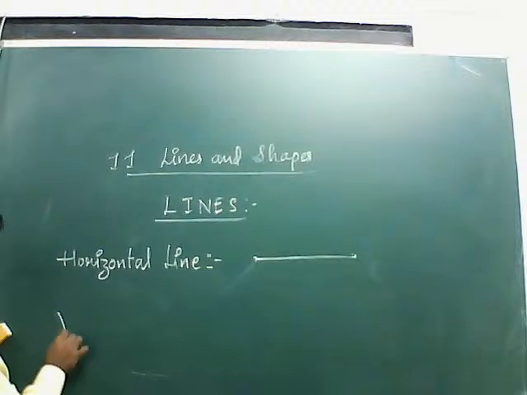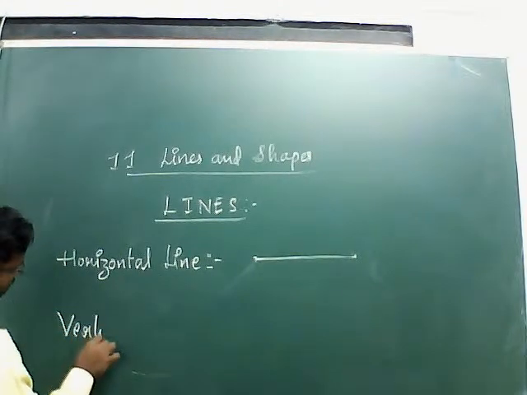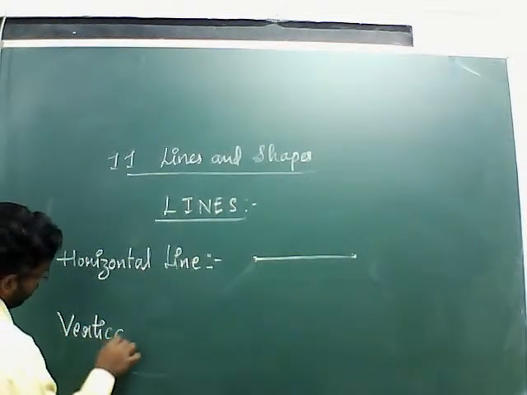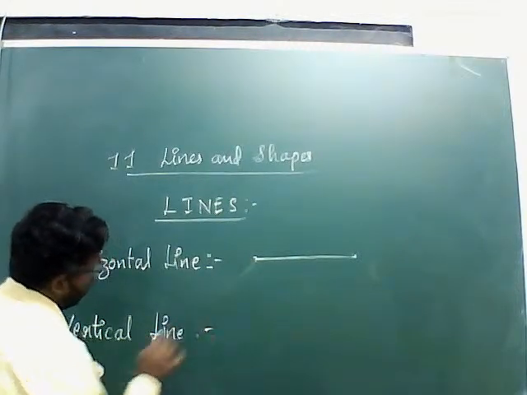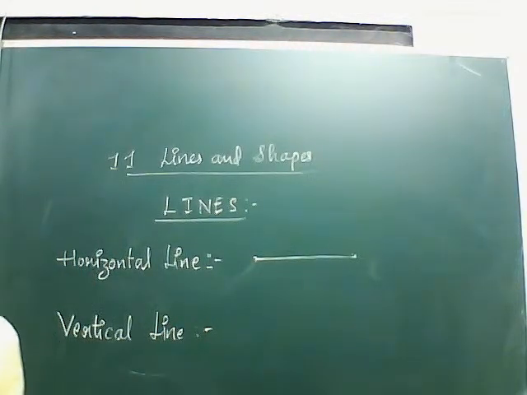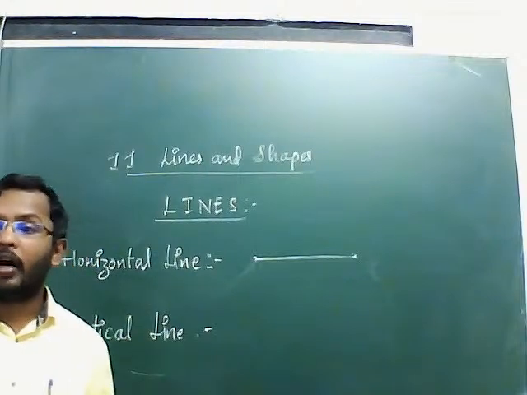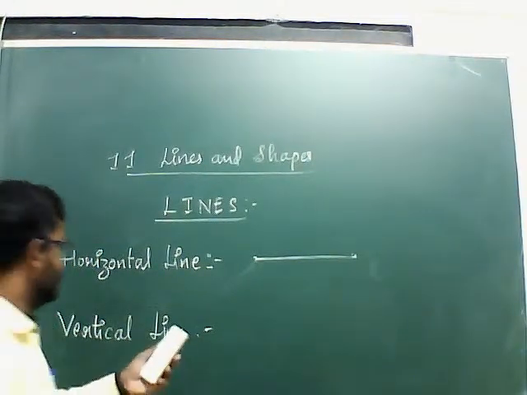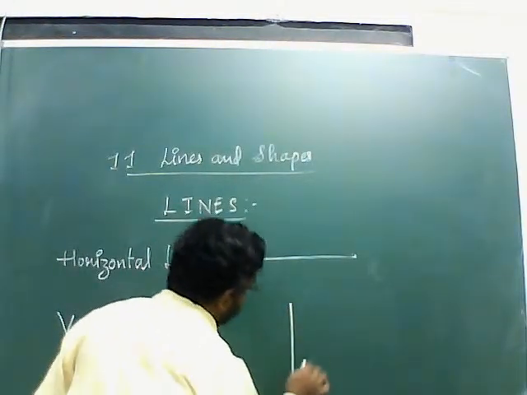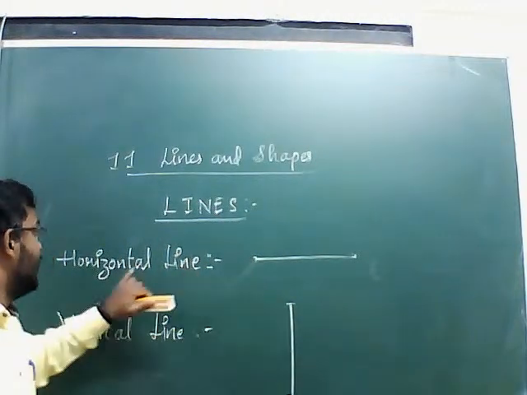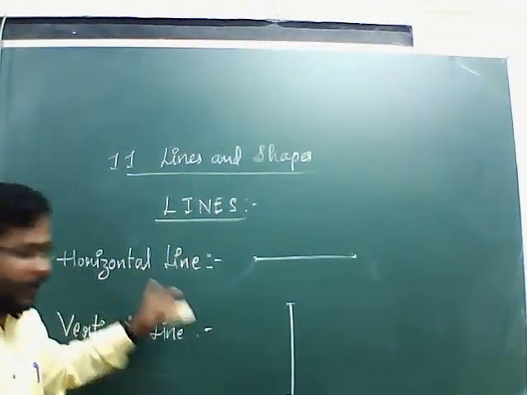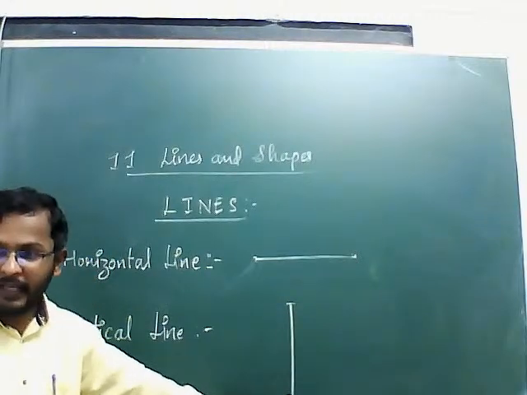Next, we'll be having vertical line. Vertical line means all the standing lines are called as vertical line. So sleeping lines are horizontal lines, and next we are having standing line.